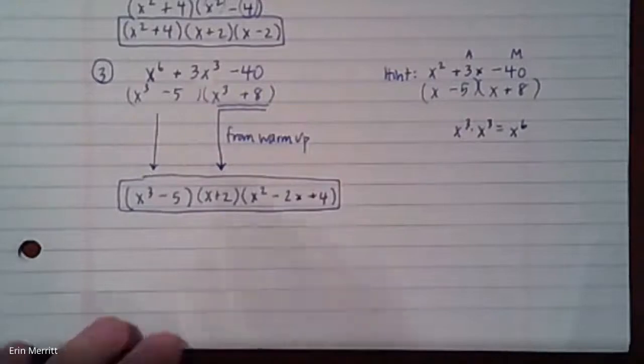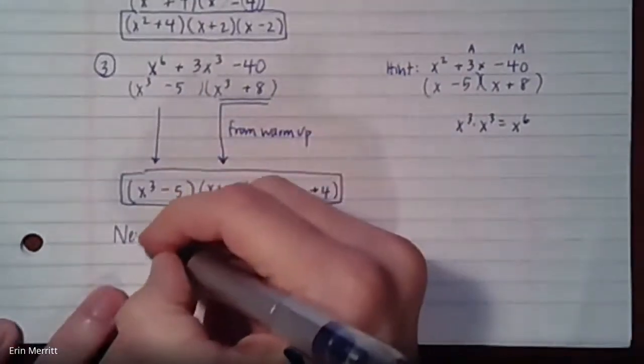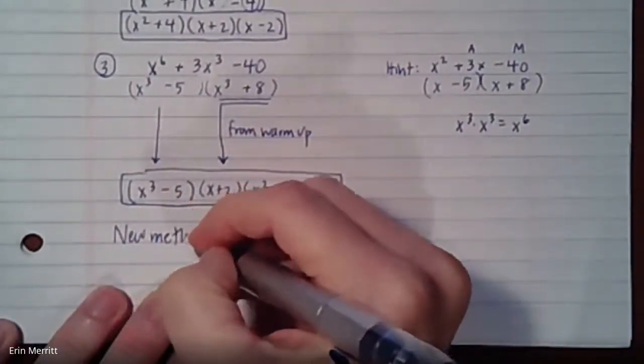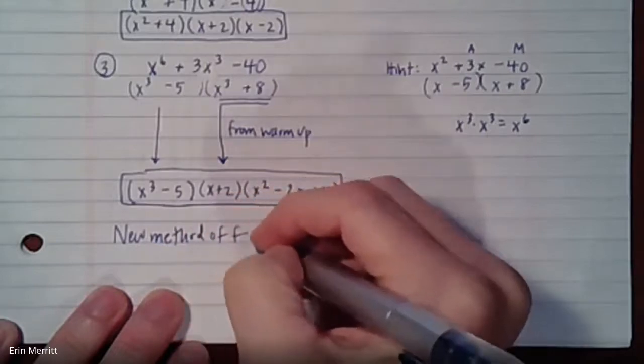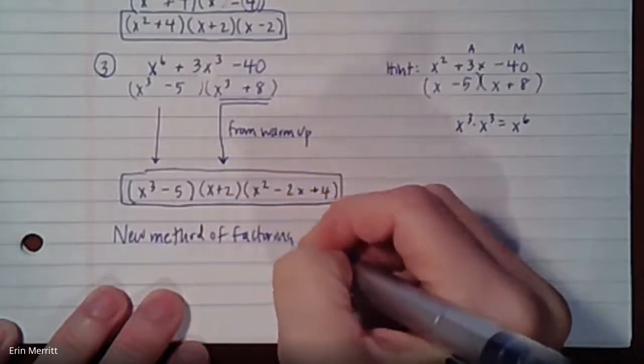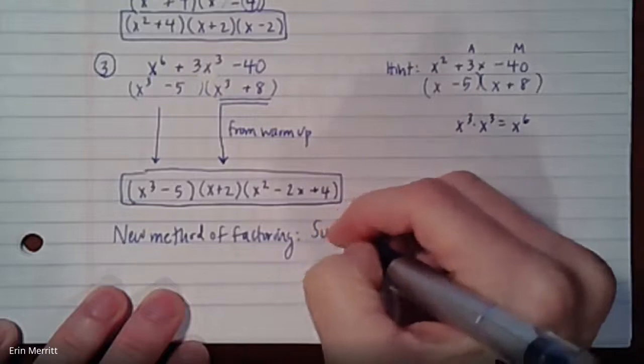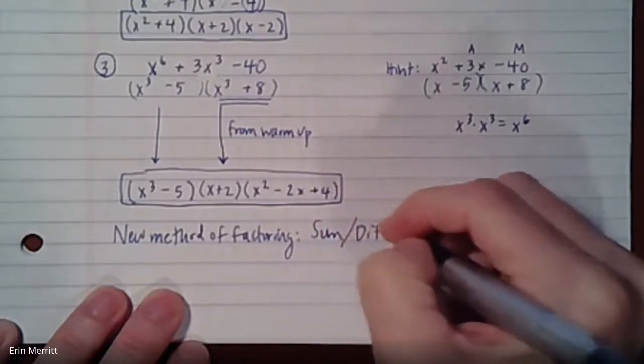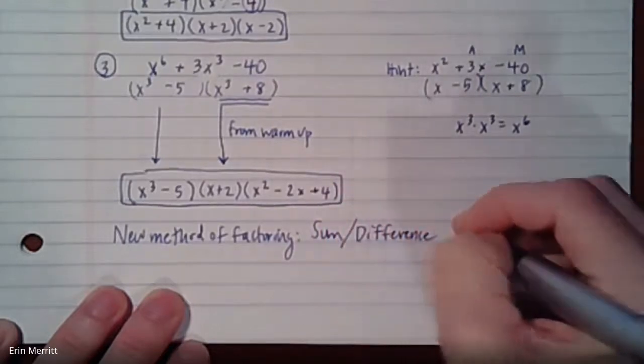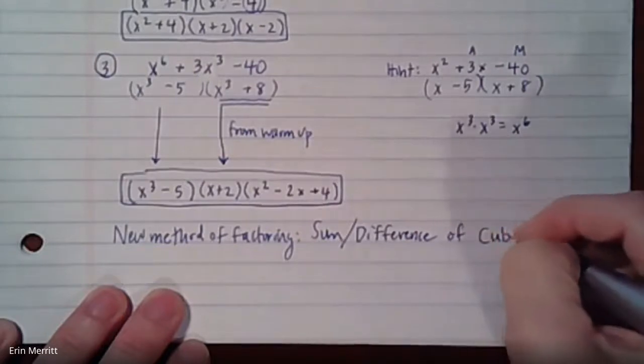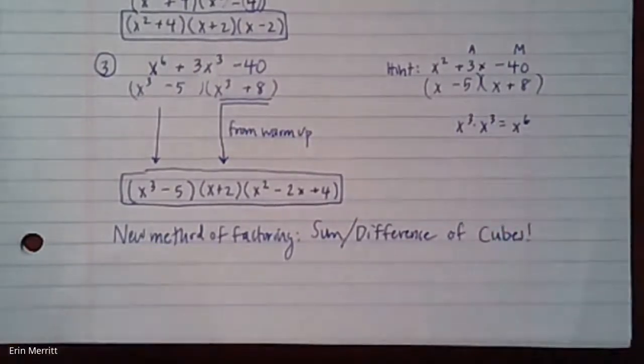But that's going to introduce us to our new method of factoring, which is sum and difference of cubes. And I write it as sum slash difference just because there's the sum of cubes, and then there's the difference of cubes. So there's actually 2 different methods, but they're super, super similar.